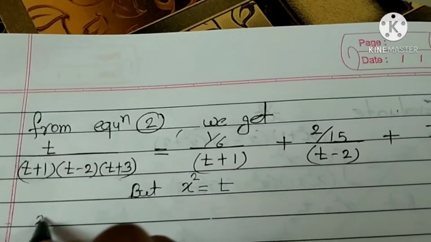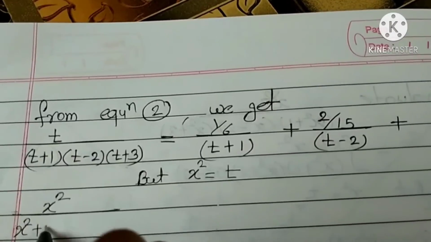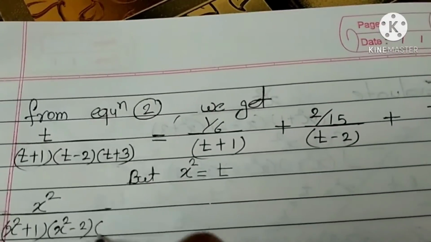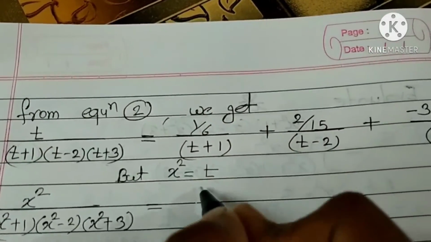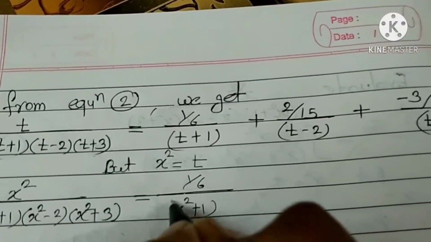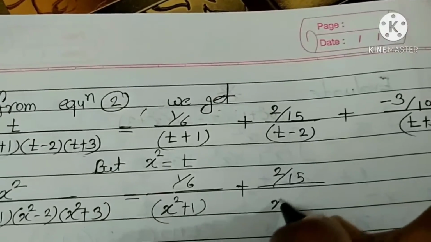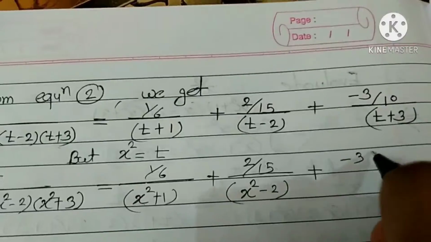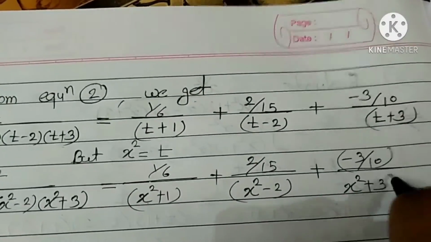So here we get x square upon (x square plus 1)(x square minus 2)(x square plus 3) which is equal to 1 by 6 upon x square plus 1, plus 2 upon 15 upon x square minus 2, plus minus 3 upon 10 upon x square plus 3.